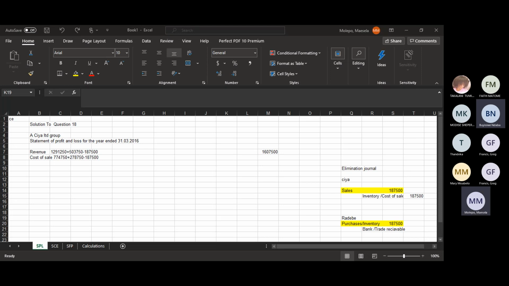It was who? Mary or Buisiwe? It's Glen Rose. Glen Rose is Buisiwe, right? Yes. Because remember, on my side, I don't see Glen Rose, I see Buisiwe. So Buisiwe said it will be unrealized profit. Now I go back to Mary.